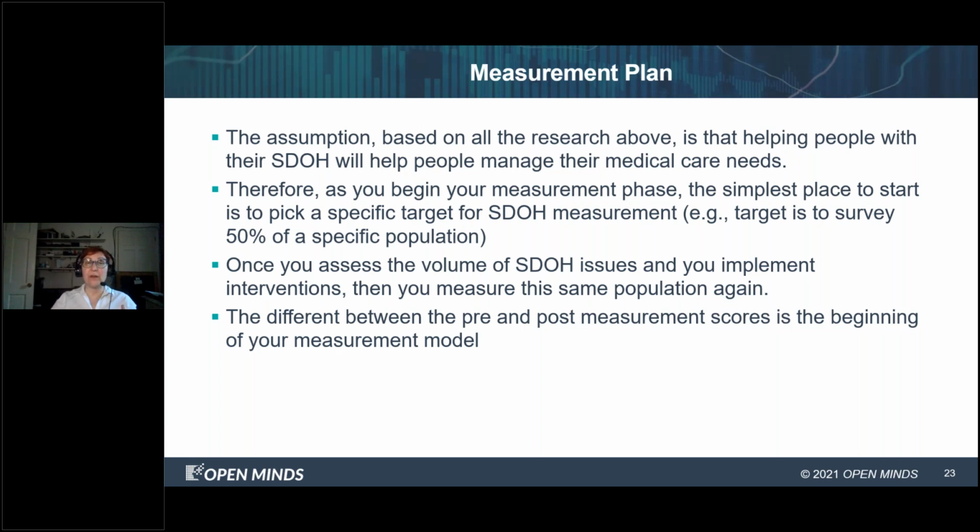You can measure everybody, but you don't want to measure everything for everybody, because it's going to be very difficult then to develop a measurement plan. So once you assess the volume of a specific social determinant of health issue, then you can implement an intervention and remeasure the population to get a sense of the improvement.